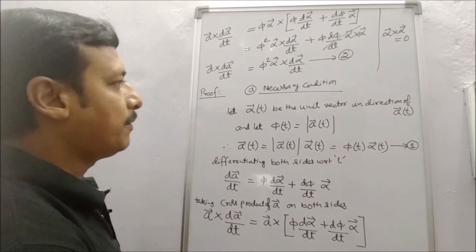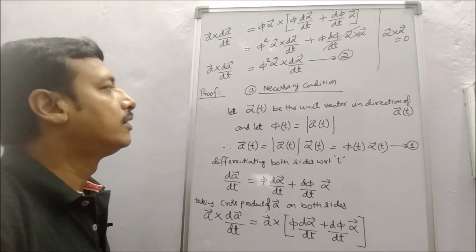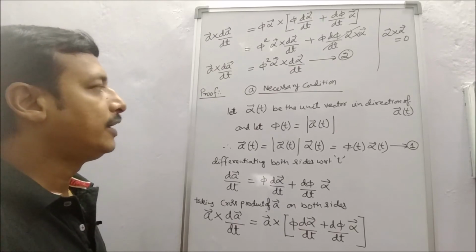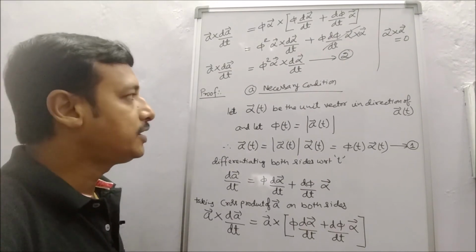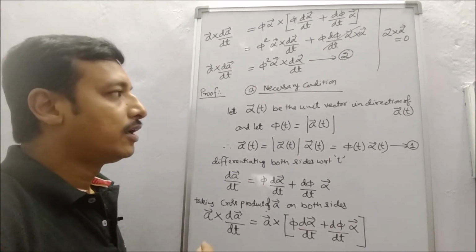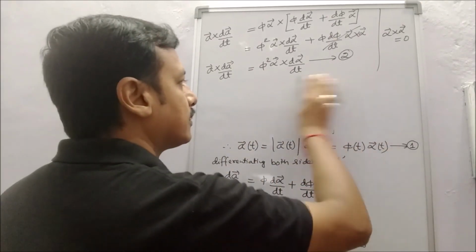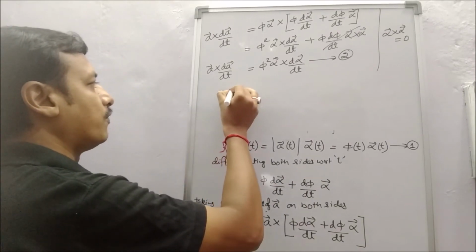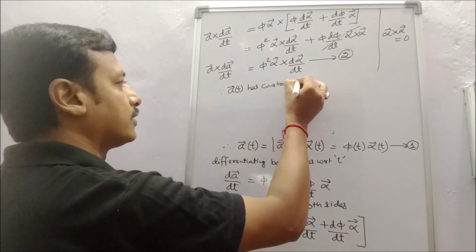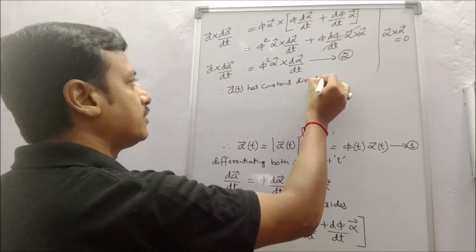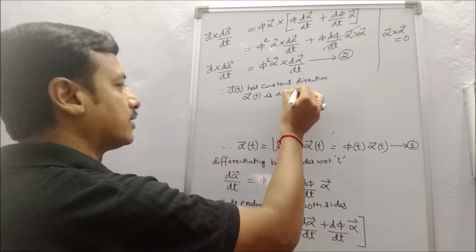Now it is given that the direction of alpha(t) is the direction of vector A, and the condition says that it has constant direction. Since vector A(t) has constant direction, alpha(t) is a constant.